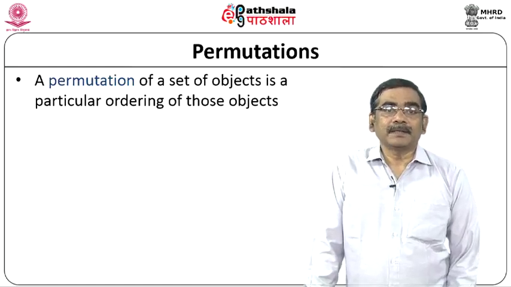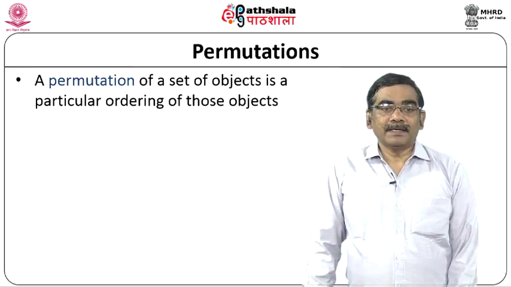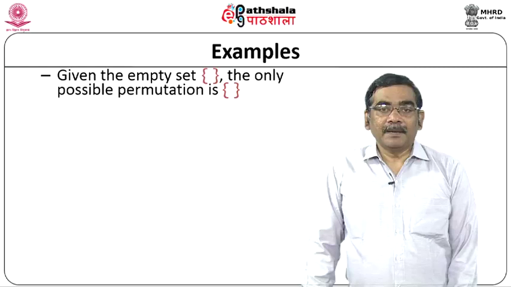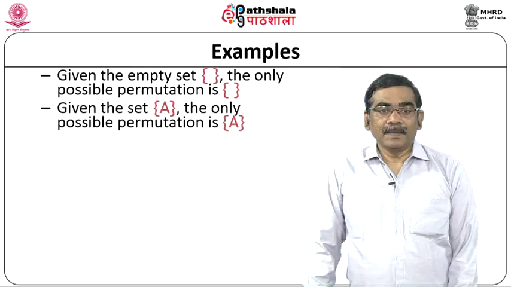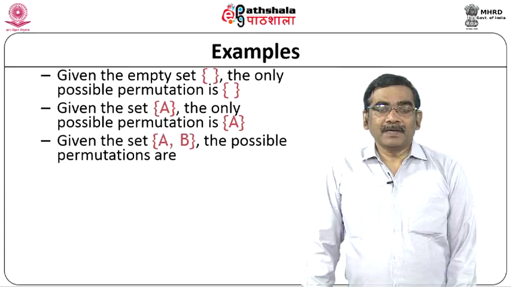What is a permutation? A permutation of a set of objects is a particular ordering of those objects. For example, if we have an empty set, the possible permutation is null, and if we are given a set having only one element, you will have only one permutation. But if you are given a set of 2 elements, then the possible permutations are AB as well as BA.